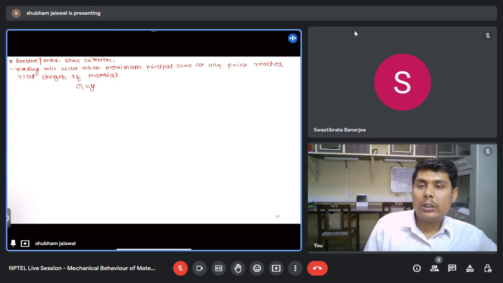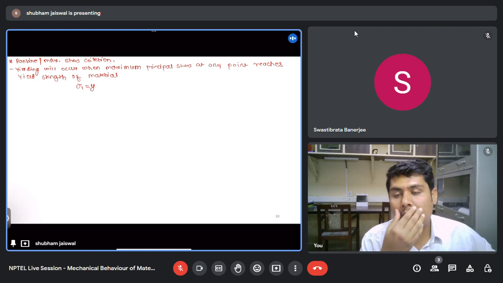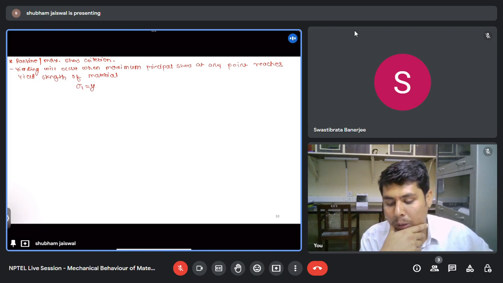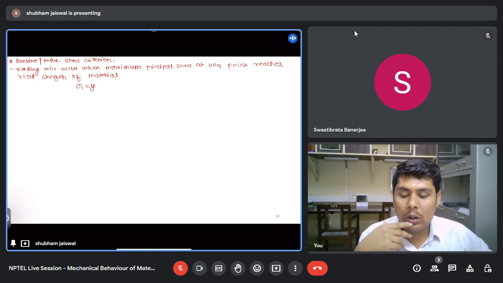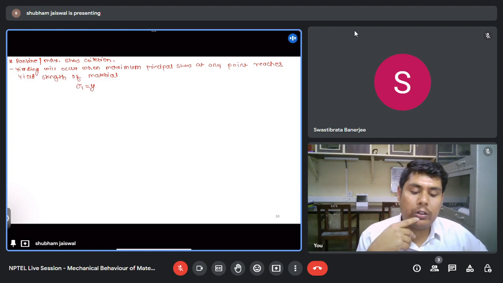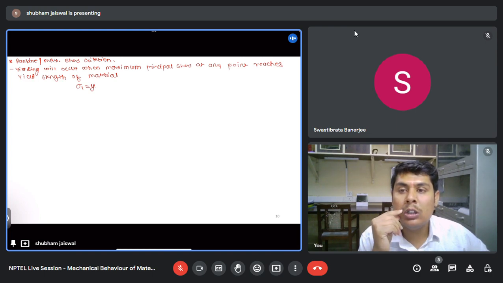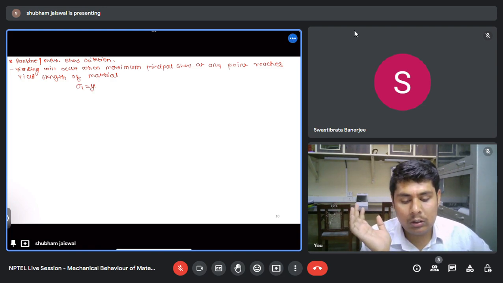So this criterion is not defined for yielding, it is defined for the failure of the material. Okay, because the application of hydrostatic stress leads to a change in the yielding condition. So one of the requirements for a yield criterion is that it should not change due to the application of hydrostatic stresses.